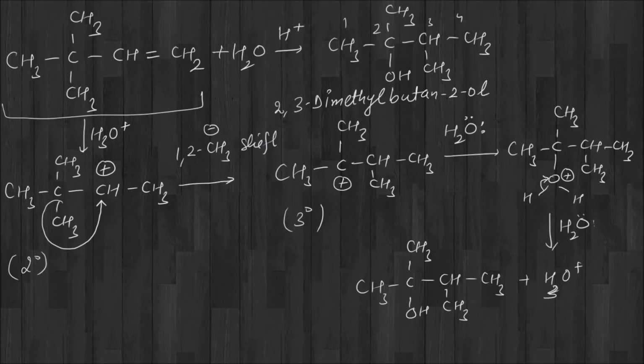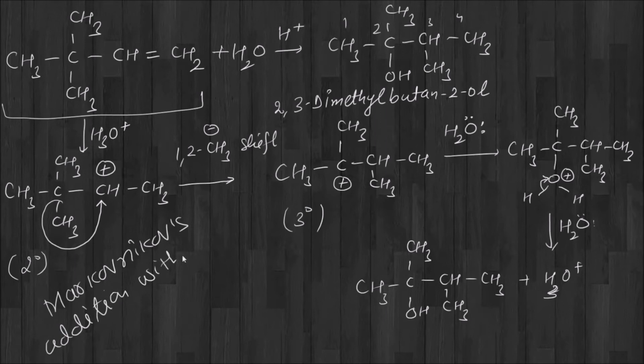So in this way, these reactions are acid catalyzed hydration of alkene, and in this acid catalyzed hydration of alkene there is Markovnikov addition with rearrangement, because in these reactions a carbocation is formed which can be rearranged to a more stable carbocation.